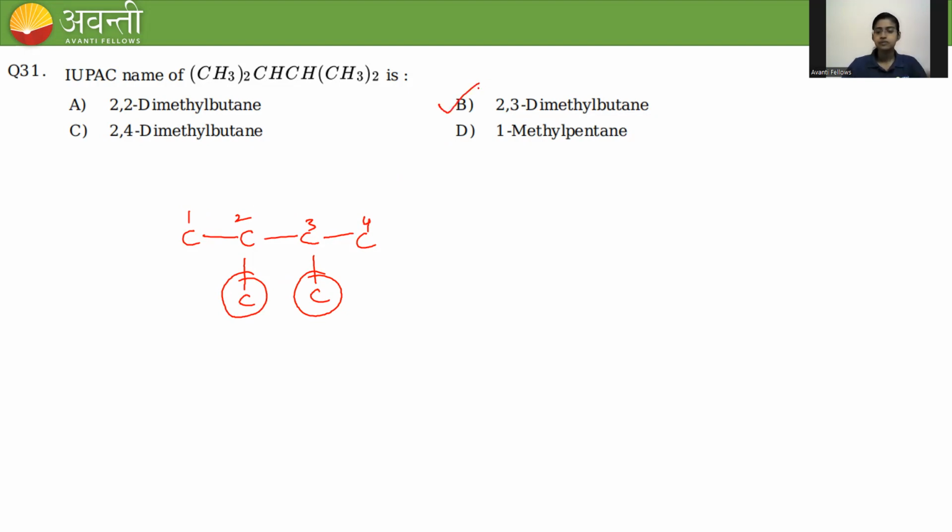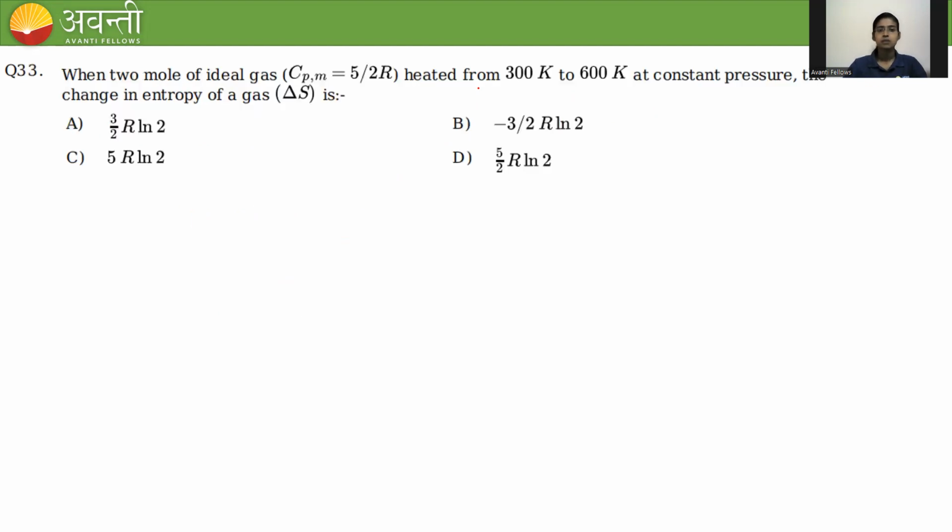Okay. Then coming to question number 33. When 2 moles of an ideal gas are heated from 300 Kelvin to 600 Kelvin at constant pressure, the change in entropy of the gas, so delta S, is equal to n Cp ln(T2/T1).